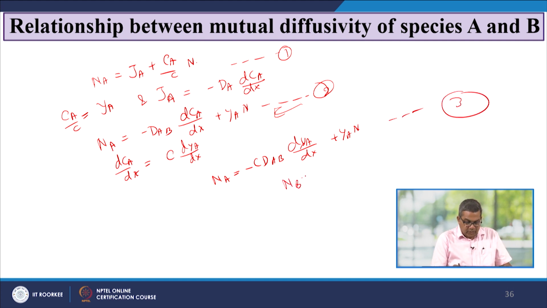Similarly, Nb is equal to minus C Dba dYb over dx plus Yb N. This is equation number 4.